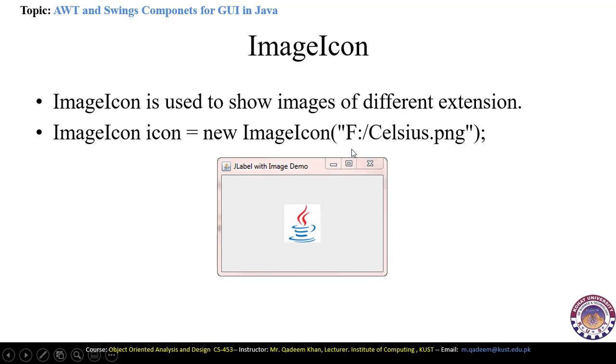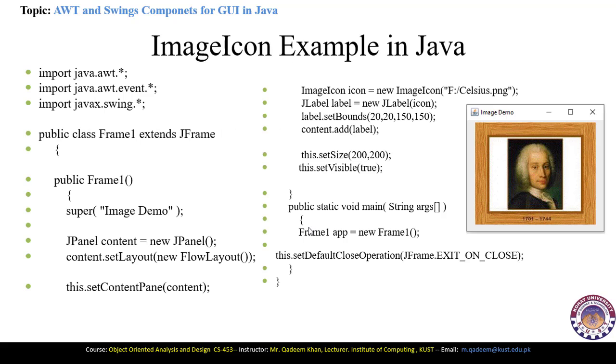So this image will in fact reside in our directory, and then that image will be loaded by using ImageIcon here. So ImageIcon is in fact a certain class of the javax.swing.* package, and then using the object we can load the image inside any GUI here.